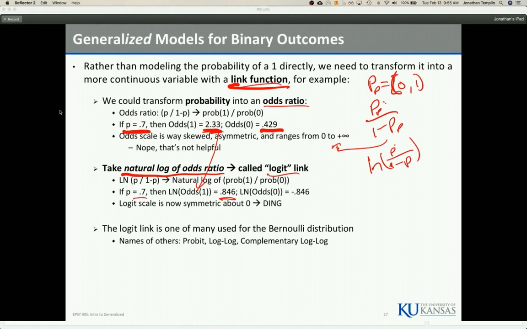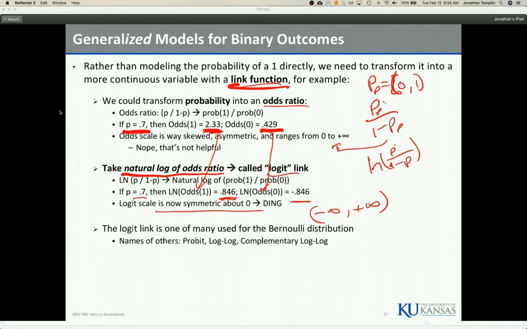Similarly, the natural log of 0.429 is negative 0.846. So now, not only is our range between negative infinity and positive infinity, it's also symmetric around 0 in terms of complementary probabilities.